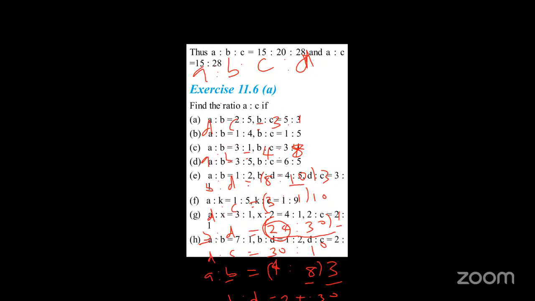It's 12. What's the value of B? It's 24. The value of C is 10, and the value of D is 30. But the question requires us to find the ratio of A to C. So A ratio C will be equal to 12 ratio 10.